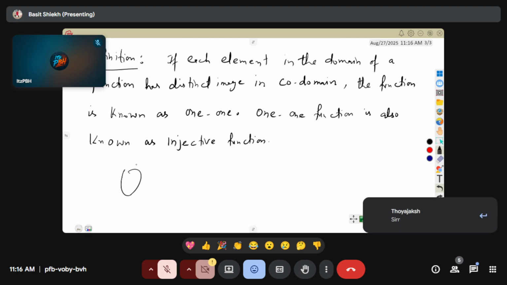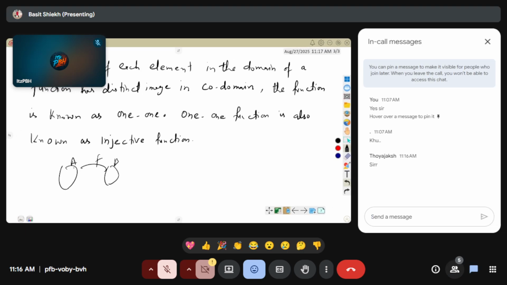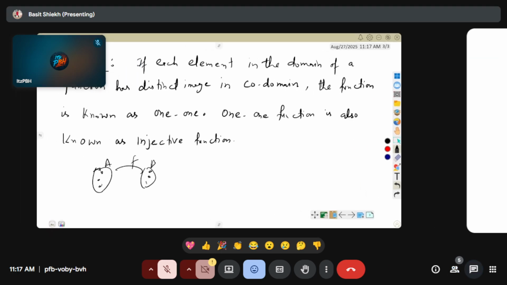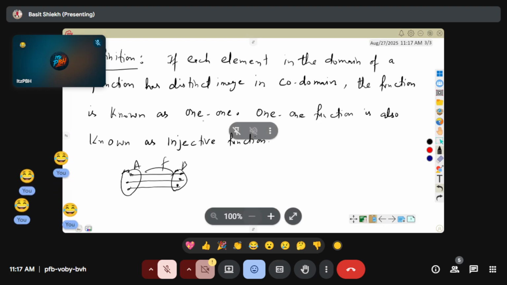If every element from set A to set B has a distinct image, that means the first element has a different image, the second element has a distinct image, the third element has a distinct image, then we call it a one-one function. Is this clear?